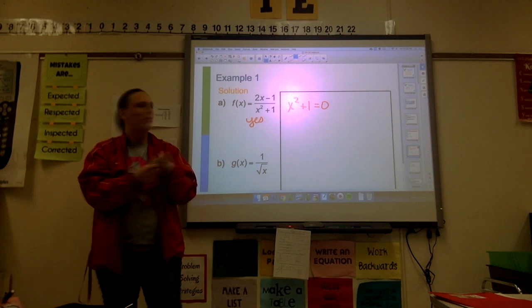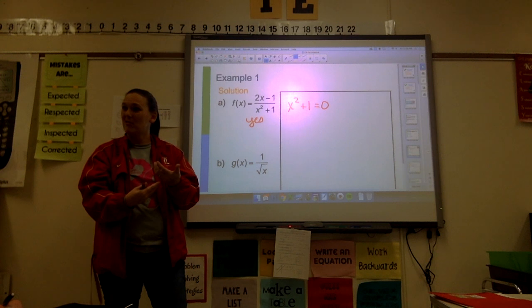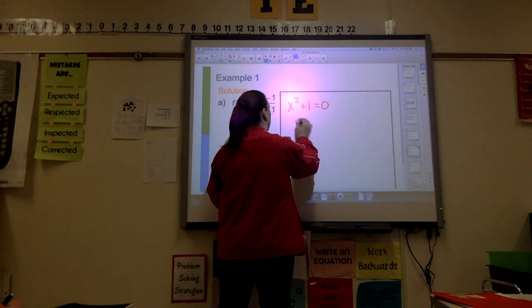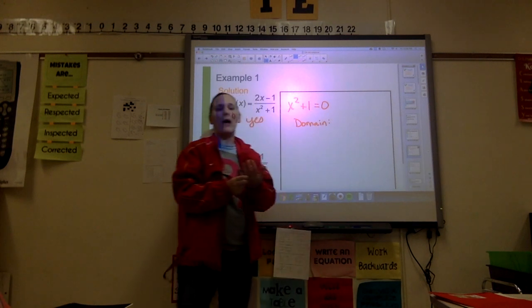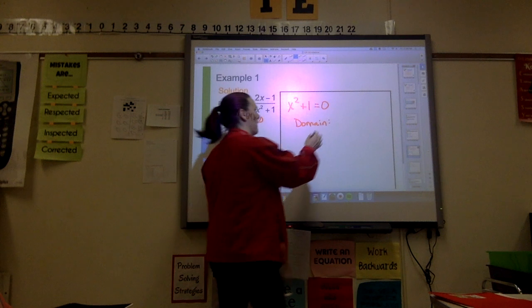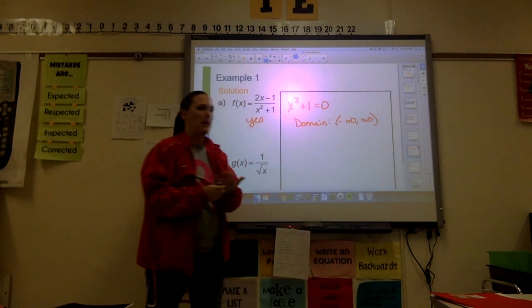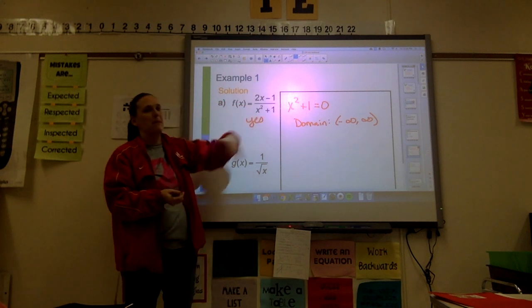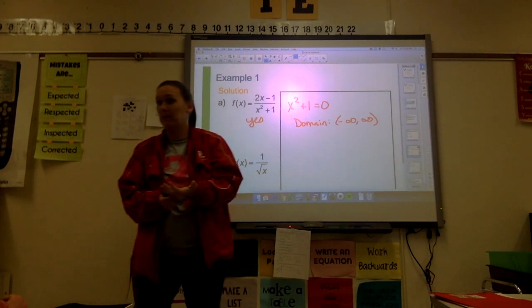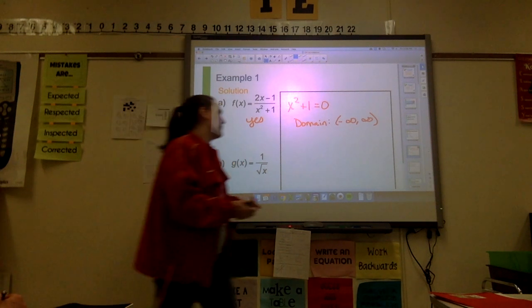No. It doesn't, does it? So do I need to worry about dividing by 0? No. So what is my domain? All real numbers. You can write all reals. How do I write that in interval notation? Negative infinity to positive infinity. Because it has a polynomial divided by a polynomial doesn't mean I have a restricted domain, but it very well could be.